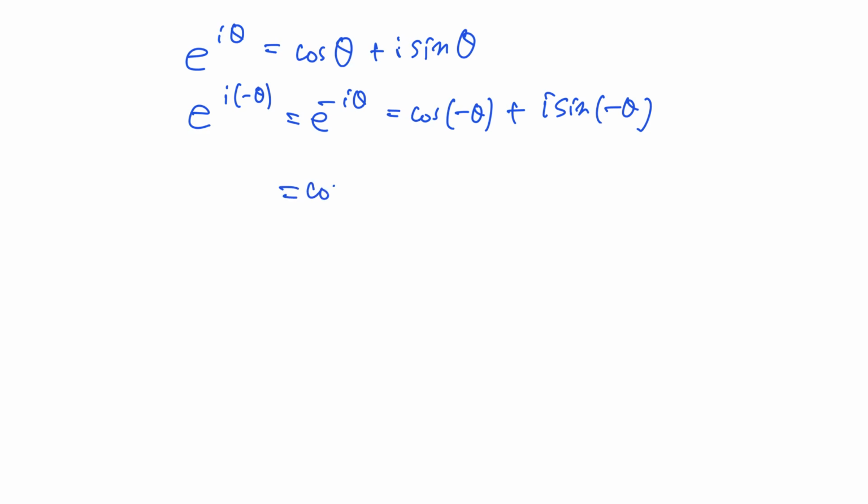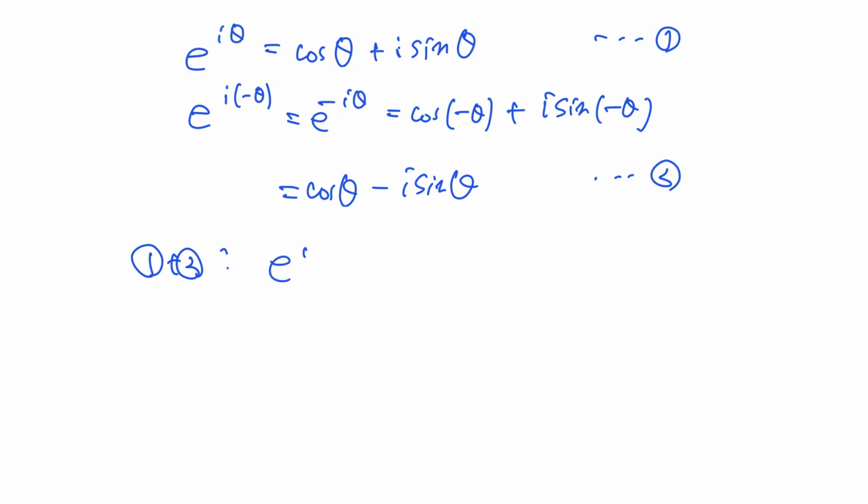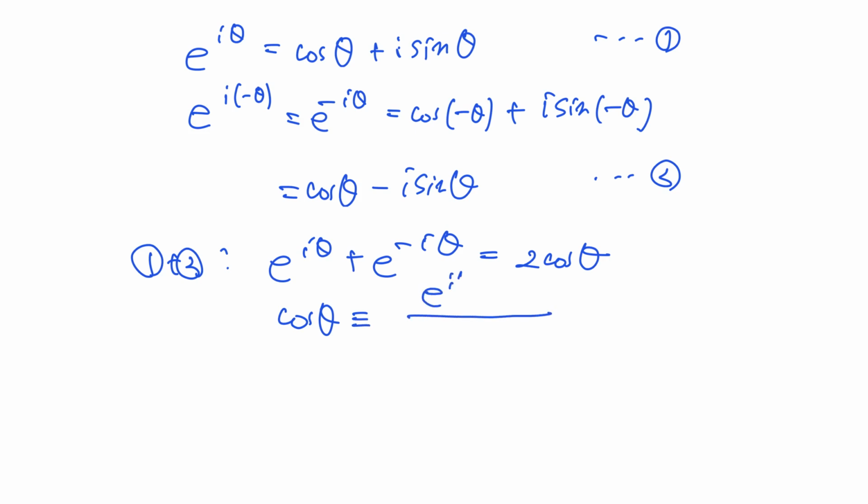So that is cosine theta minus i sine theta. Number 1, number 2. If we add 1 plus 2, what do you get? Exponential i theta plus exponential minus i theta is 2 cosine theta. So cosine theta is defined as exponential i theta plus exponential minus i theta divided by 2.